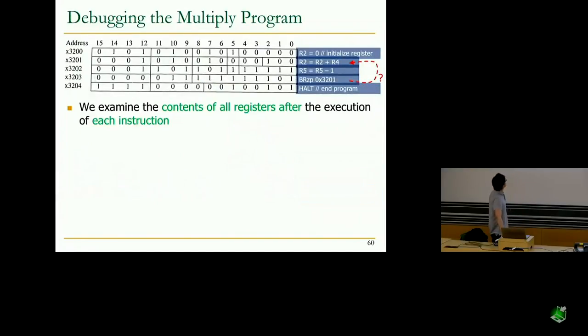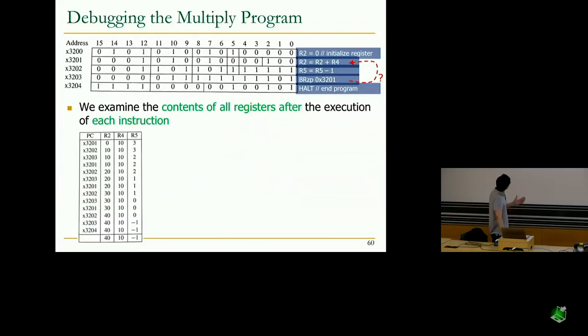But for some reason, this program has something wrong. It produces wrong results. So what we can do is go step by step through the execution of all these instructions. You see the program counter for each instruction and the values of the registers involved after the execution of each instruction, and observe that we could have reached the correct result right here, but instead we continue the execution.